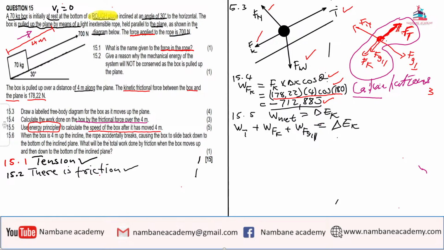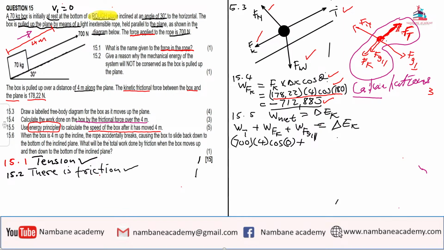So I must calculate the work done by each individual force. Let's start with work done by FT. FT is given as 700. What is the displacement? 4 cos of, is it in the same direction as the displacement? Yes, then it must be 0.